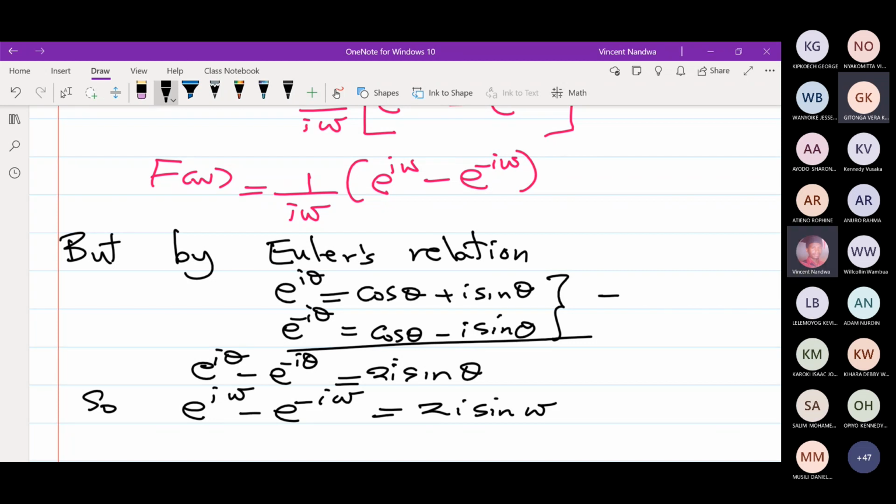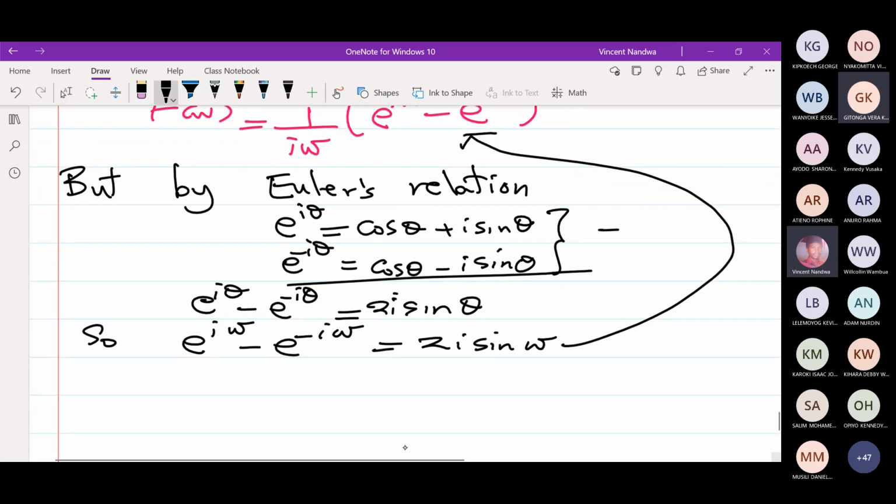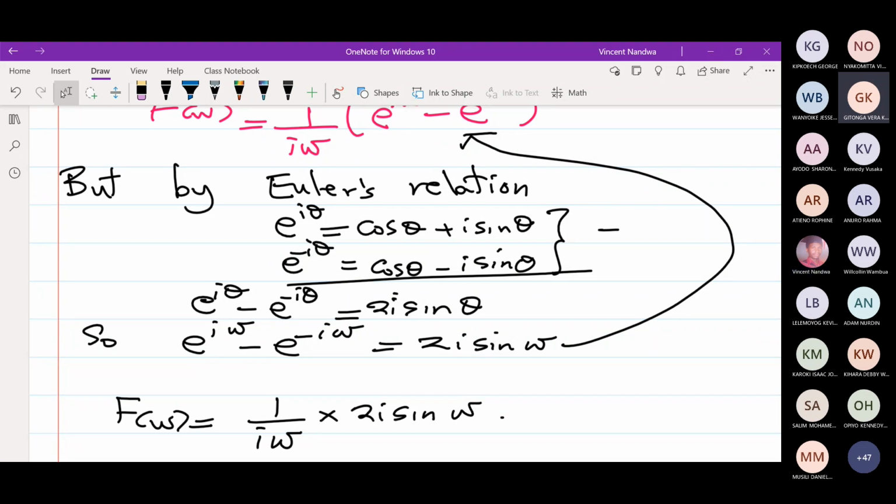So you will replace this value in this formula for f of omega, so that f of omega will be 1 over i omega times 2i sine of omega. What does that simplify to?